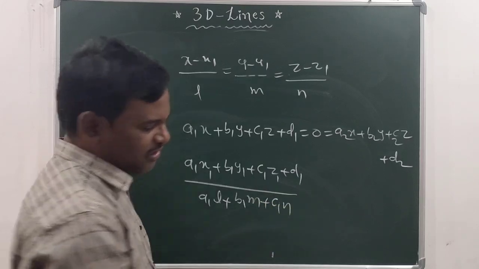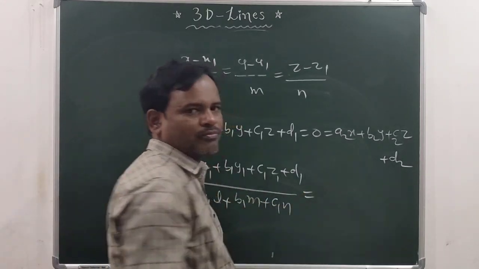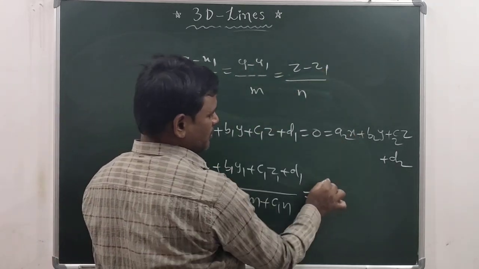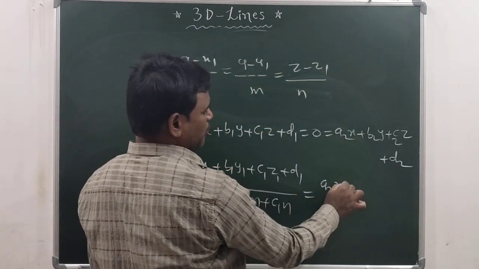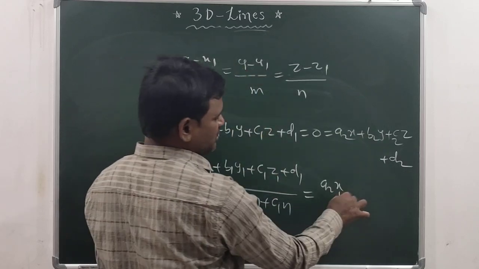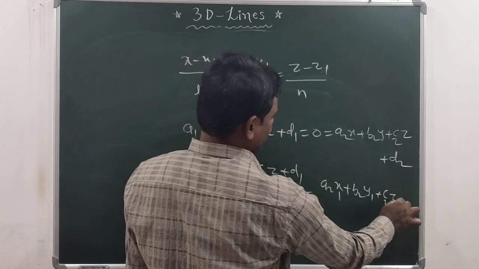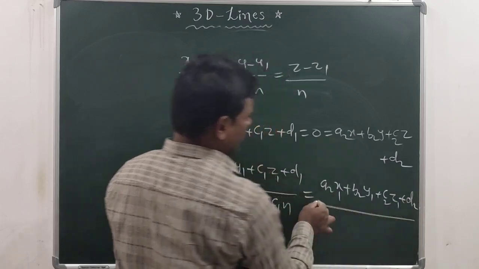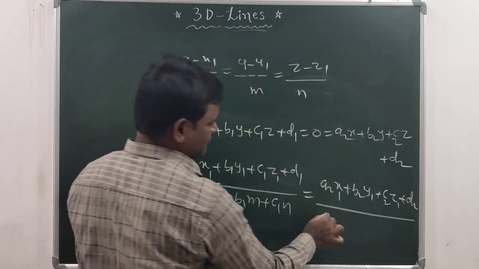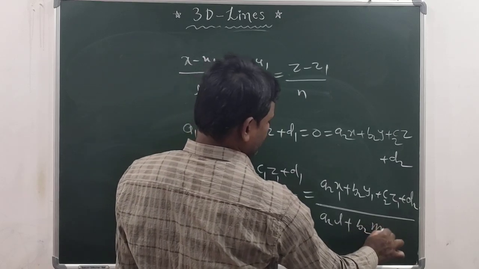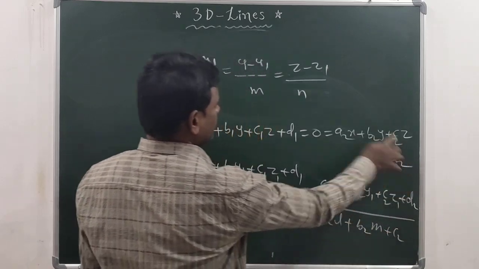This you have to write here, which must be equal to the following. This x1, y1, z1 you have to substitute here, in the place of x you have to write this x1. A2x1 plus B2y1 plus C2z1 plus d2 by this A2l plus B2m plus C2n.